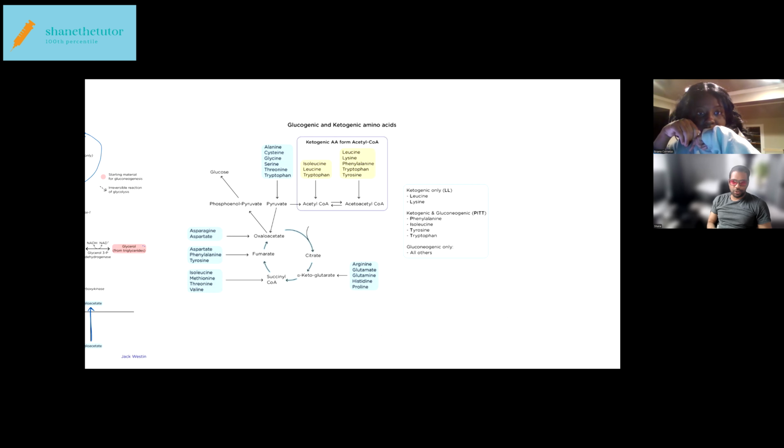The one molecule that they all turn into when you break them down is acetyl-CoA. It enters the Krebs cycle and then ultimately the electron transport chain. That's what they all converge into.